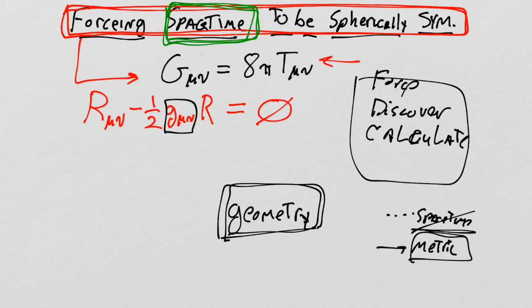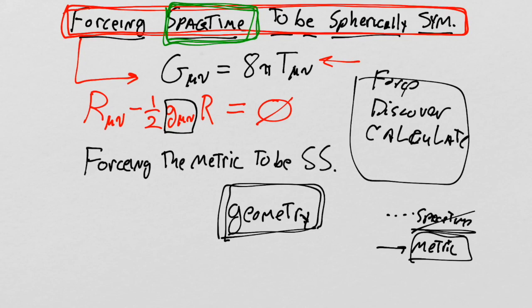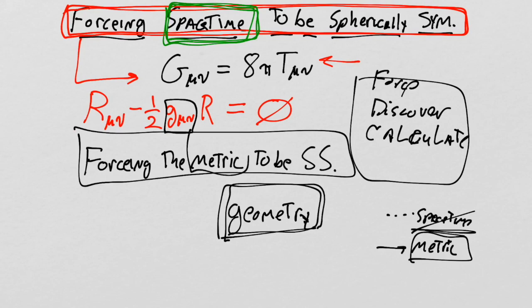So when we are forcing space-time to be spherically symmetric, we are actually forcing the metric to be spherically symmetric. You replace space-time with metric. They are one and the same concept. They are literally meaningless without each other.